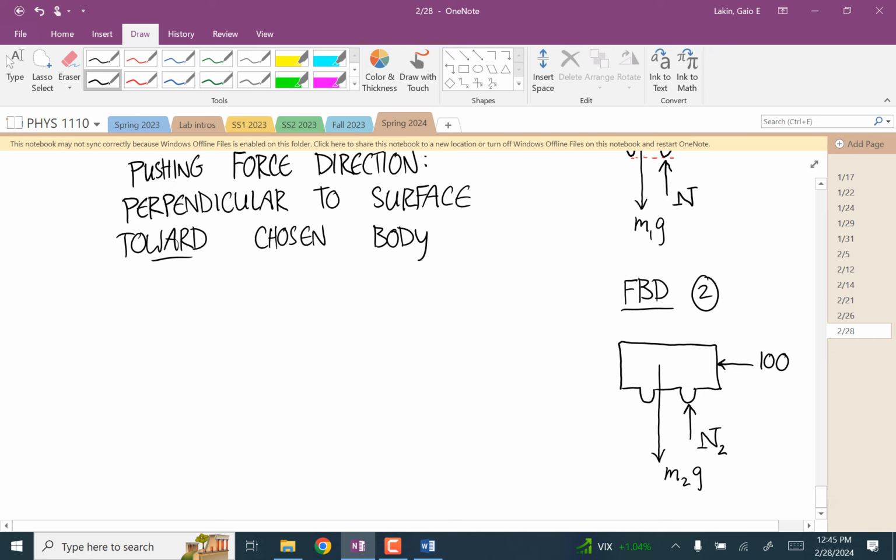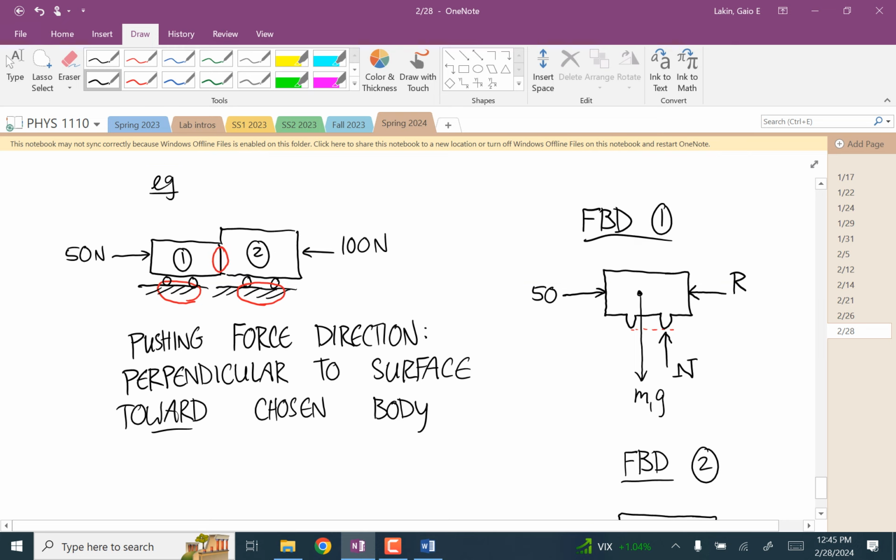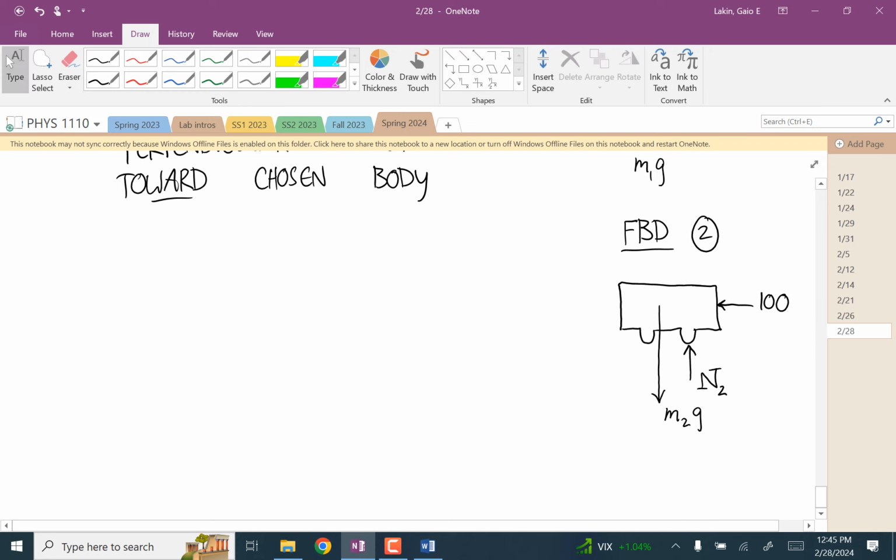I'll just call it N2 in this case, just to give it a different variable name. And then over here, there's also a pushing contact from body 1. That's perpendicular to the surface toward the chosen body, so this way. And I'm going to call this one R.